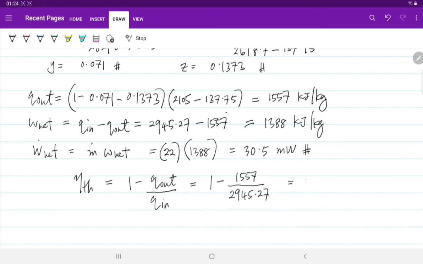Okay, that will give you, put in the calculator, 47.1% approximately.